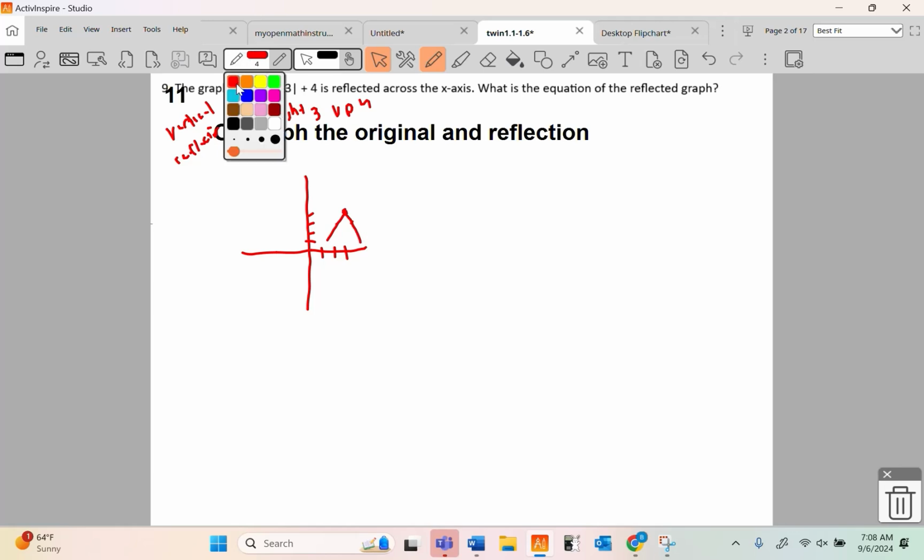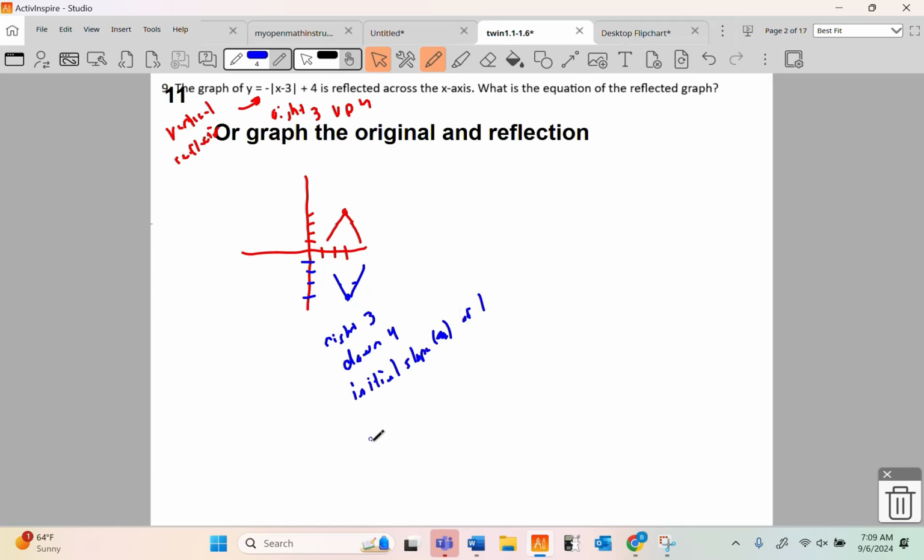If I reflect that, I would not be 4 above, I would be 4 below, and I wouldn't open down, I'd open up. So what I still see is a right 3, a down 4, and an initial slope, which is your A value, of 1. So I can say, okay, cool. It's x minus 3 minus 4. And I have this understood 1 there.